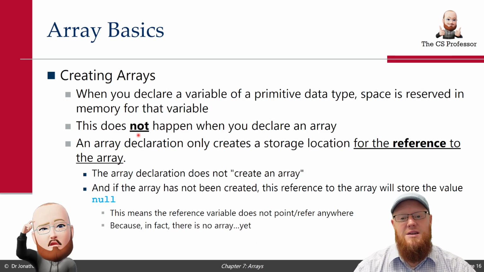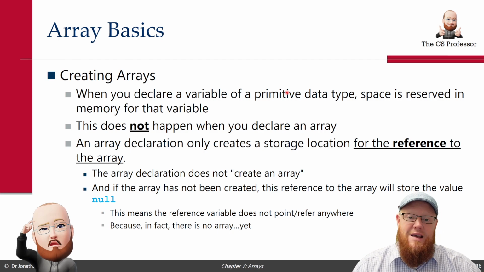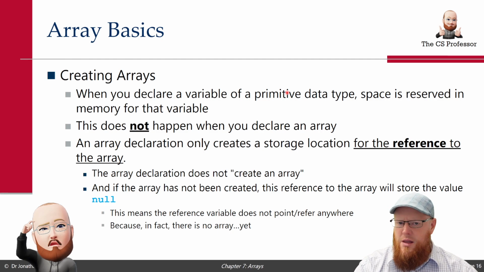But now there's a difference between declaring and creating. When you declare a variable of a primitive data type, space is reserved in memory for that data. If you say int x, just by declaring int x in memory, Java has made space for you to save an integer into x. This does not happen when you declare an array.